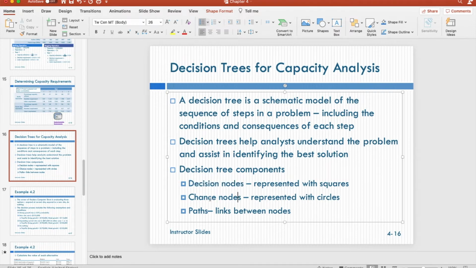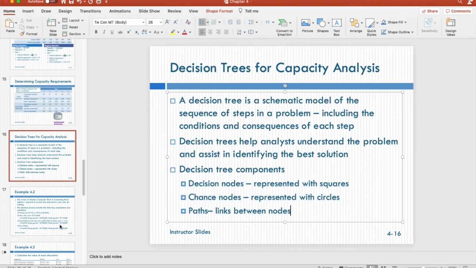All right, and then the chance node will be represented by a circle, and then the paths, which link different nodes, will intuitively show the sequence of different steps. So basically, a decision tree is simply structured by the decision nodes, chance nodes, and also the paths.